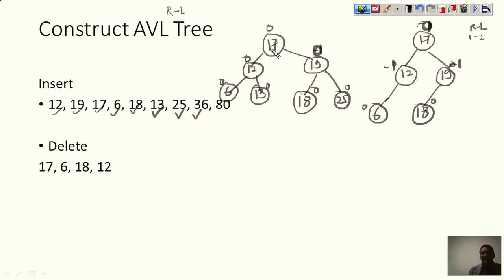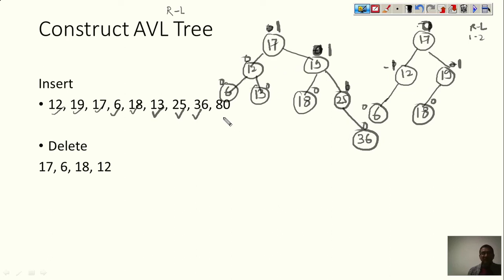We go to the right side, then right, then right. 36 will be inserted here, and the impact is that this becomes 0, then 1 minus 0 is 1, and 2 minus 1 is 1. If you look at this, 3 minus 2 is 1, and the rest will be the same. Again you can see it's balanced because no node's balancing factor is more than 1.